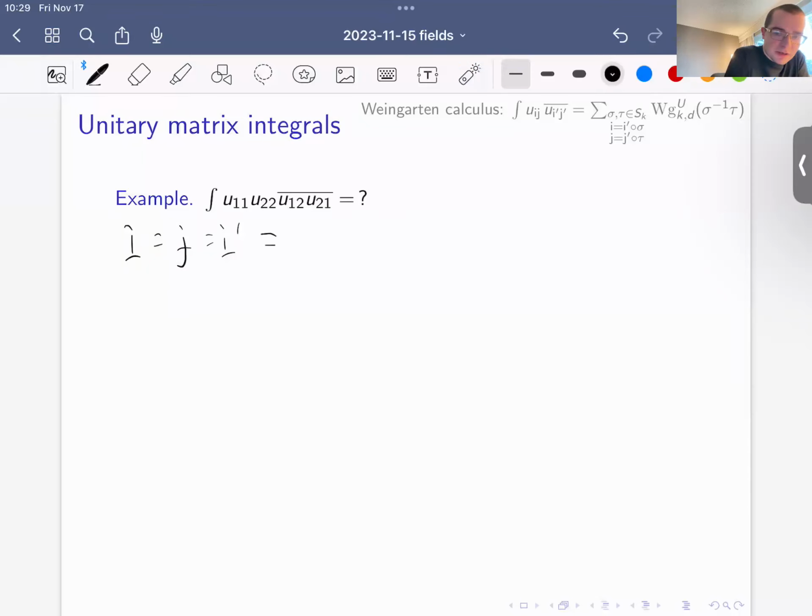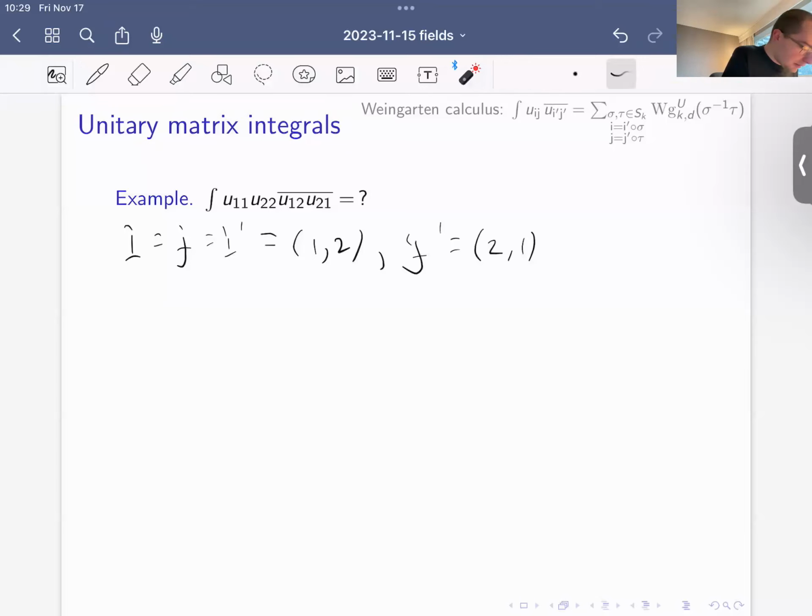So the first three are just, no, this should be J prime, sorry. Right, so these three indices are just 1, 2, and I prime. No, wait, this is I prime. This is J prime. Yeah, and so then this is 2, 1.